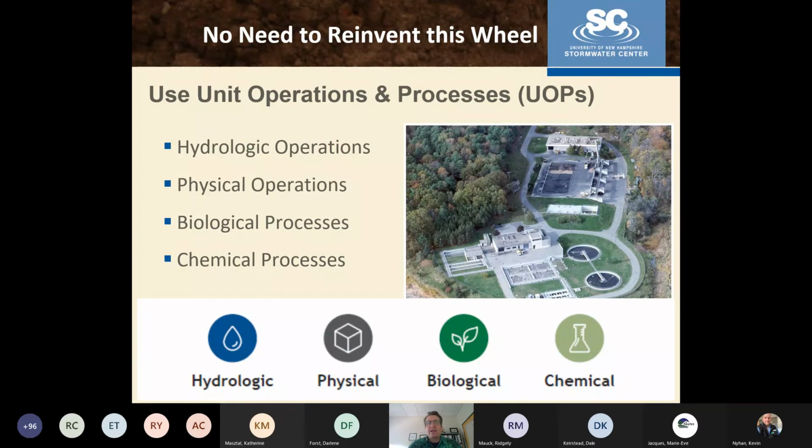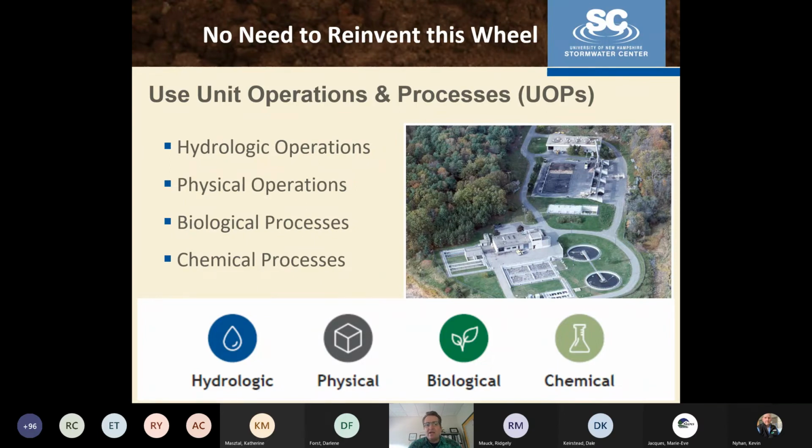And so when we look at the range of our data and the range of the different treatment practices that we've studied over the years, to us, a kind of a new convention emerged as a way to look at these types of structural controls.